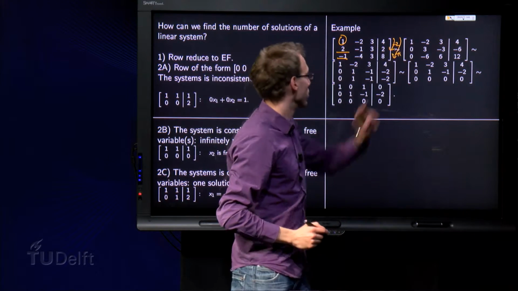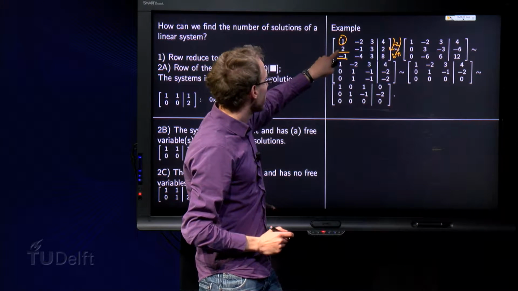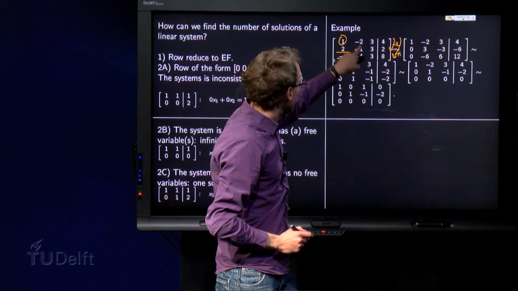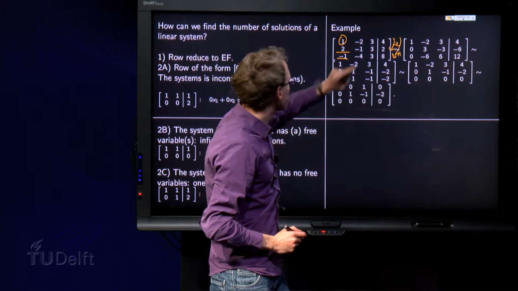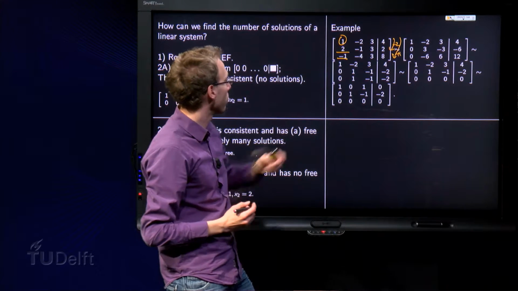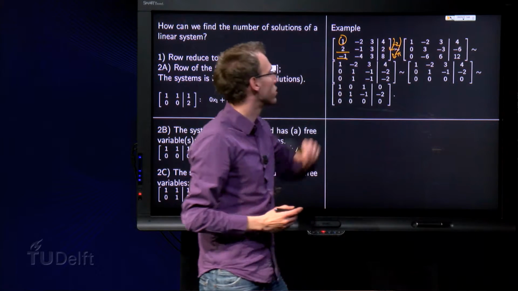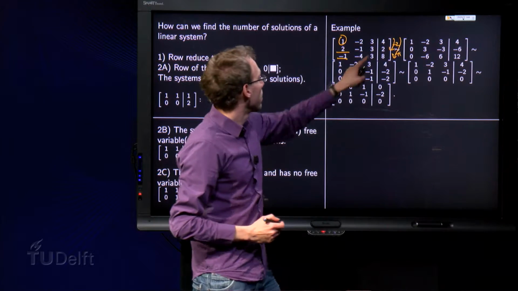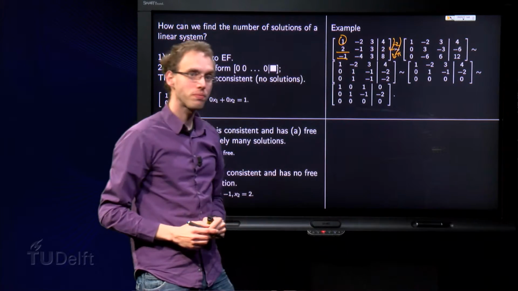So we copy the first equation, then minus 2 times 1 equals minus 2 plus 2 equals 0, minus 2 times minus 2 equals 4, added to minus 1 equals 3, minus 2 times 3 equals minus 6, added to 3 you get minus 3, minus 2 times 4 equals minus 8, added to 2 equals minus 6.